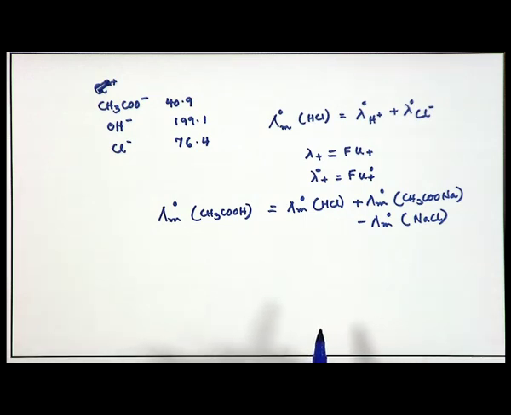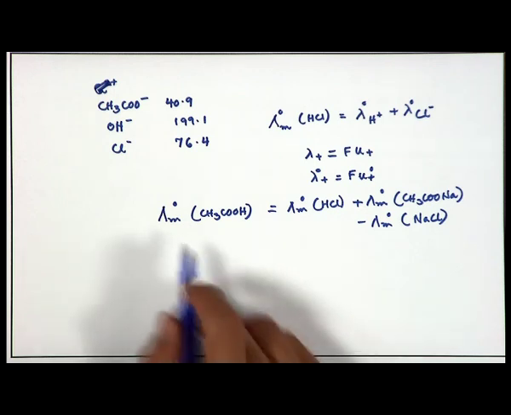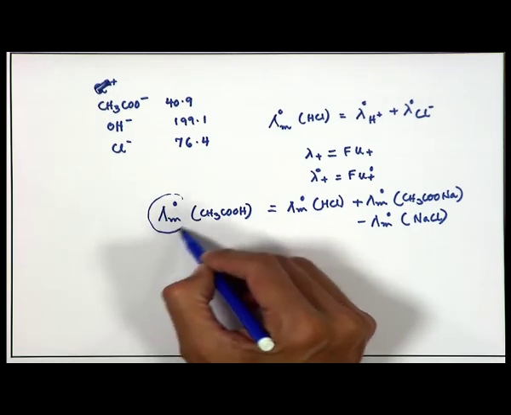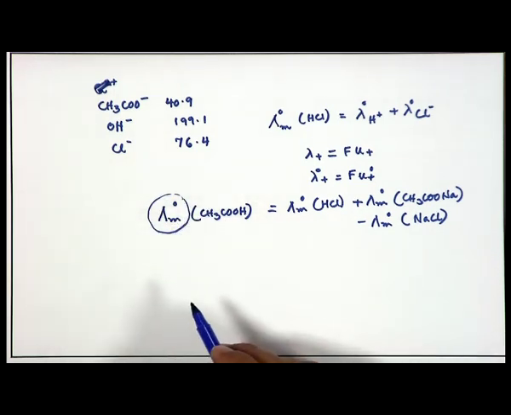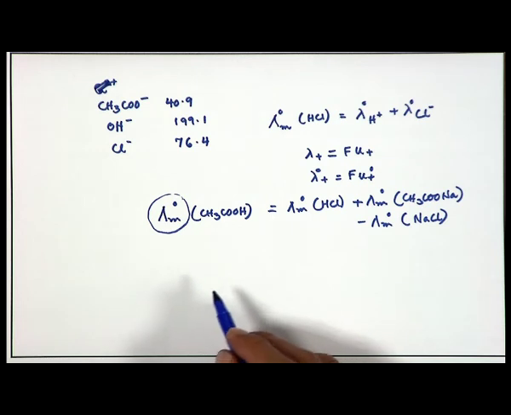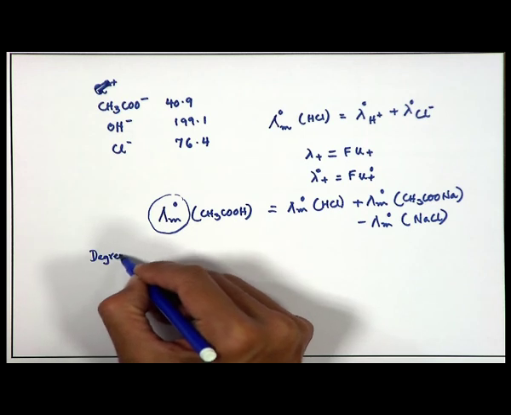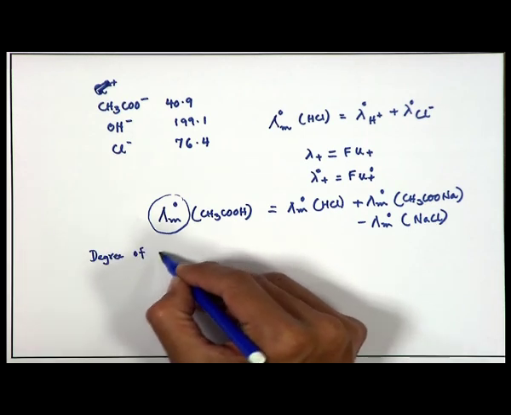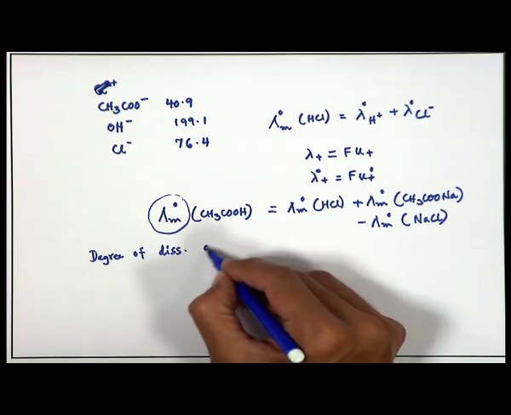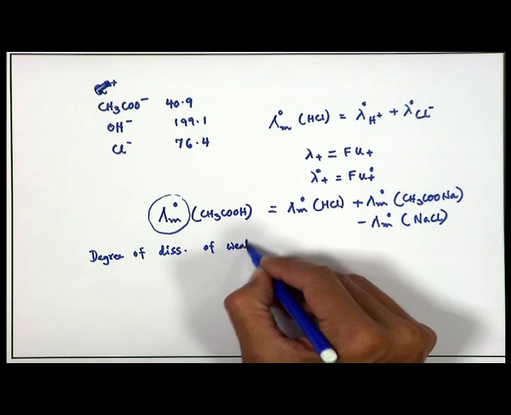Okay. Now, what can be the application of these numbers, this lambda m 0? One of the important applications is to find out the degree of dissociation of weak electrolytes.